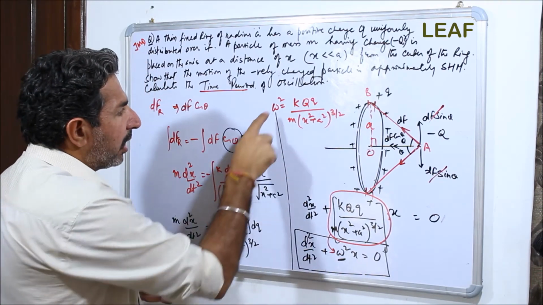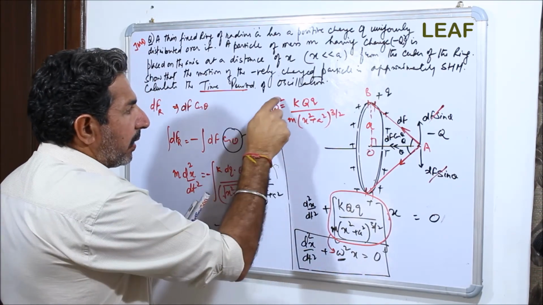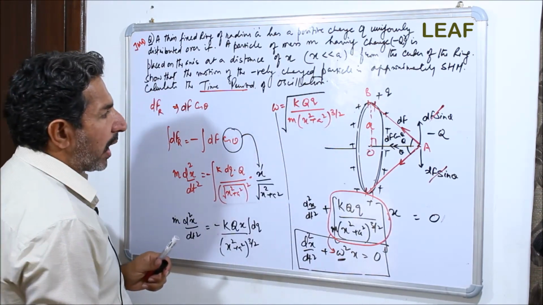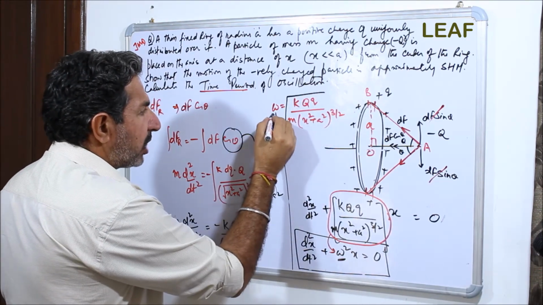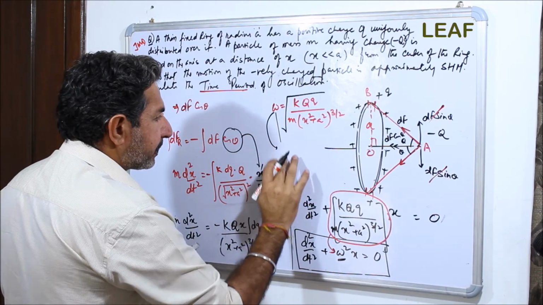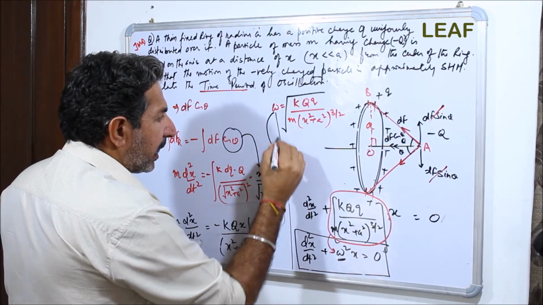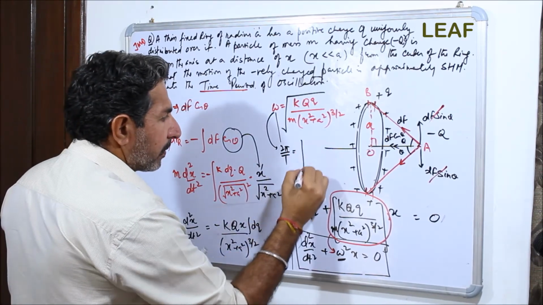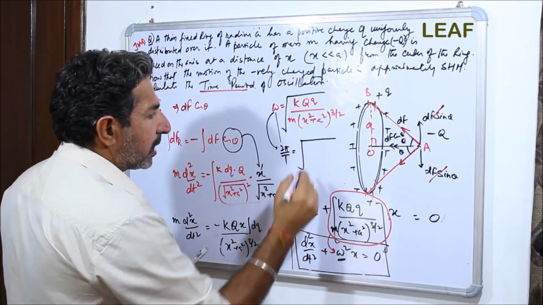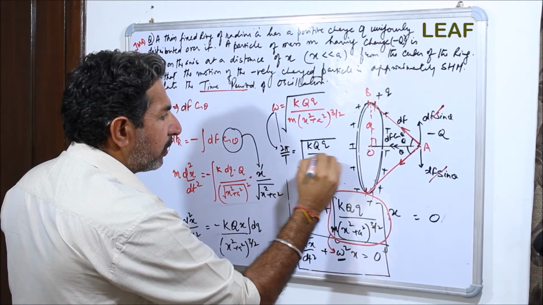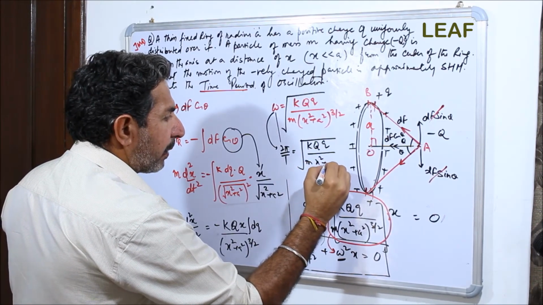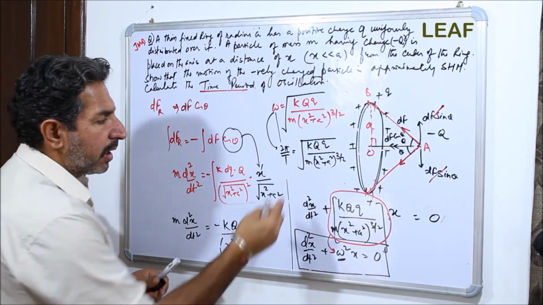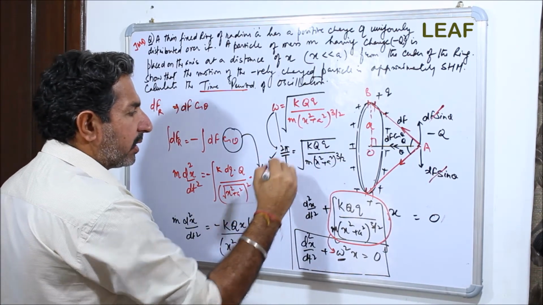If I move the square from this side, it becomes a square root, and omega is 2 pi by T, which is equal to the square root of kQq divided by m (x square plus a square) raised to power 3 by 2. Now you can get the value of time period. You'll just transpose it and you'll get the result.